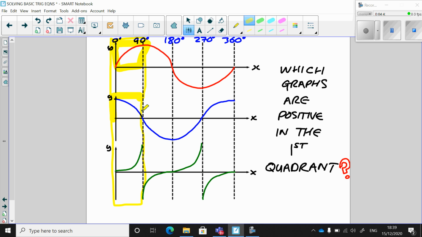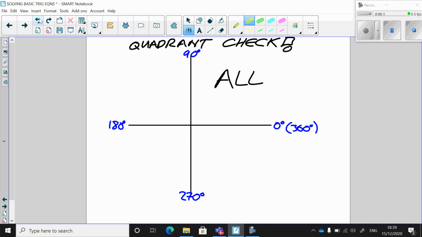This one, that part is above. And this one, that part is above. So in the first quadrant, all parts of the graphs are above the x-axis. When we say above, we equate that to be positive. So that's why I'm making that statement. Between 0 and 90, all of them are above.